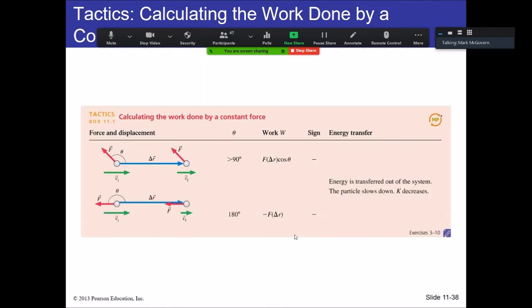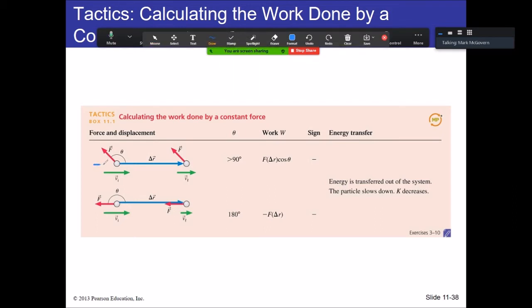Right? If your force is opposite the direction of motion, whether it's at an angle or it's anti-parallel, that's negative work. Now, what I think you should do here, though, is I don't think you should be putting in obtuse angles. I know they're showing obtuse angles here. I don't recommend that. Even though the cosine will output a negative sign, I think you got to work with reference angles, which means you would do the angle that's right here.